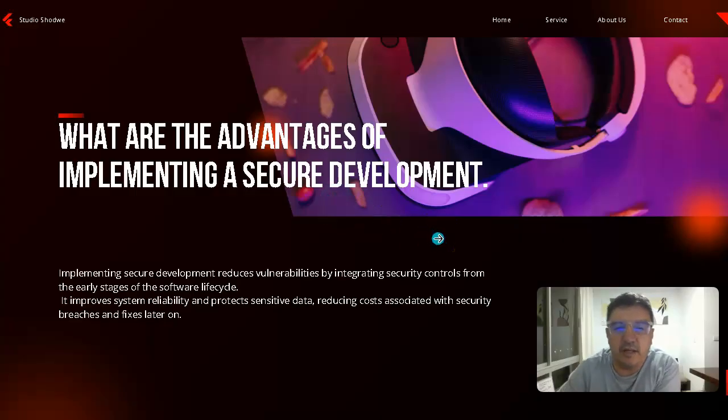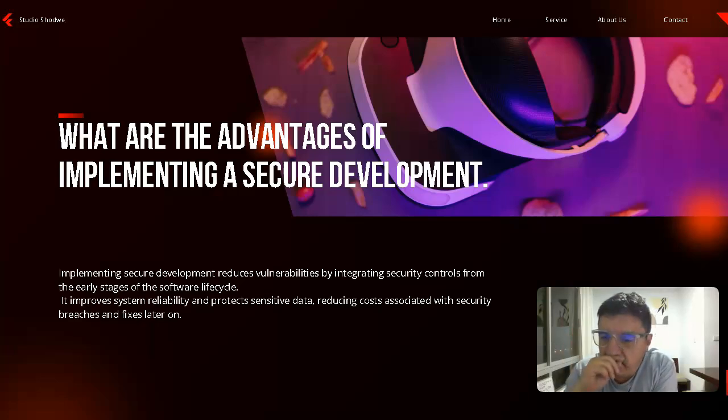What are the advantages of implementing secure development? Implementing secure development reduces vulnerabilities by integrating security controls from the early stages of the software life cycle.